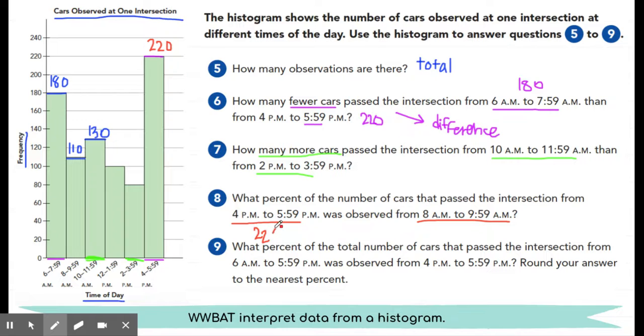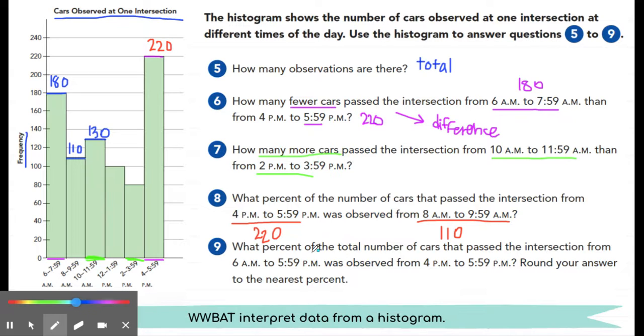So the question basically asks what percent is 110 compared to 220? As you can notice already, 110 is half of 220. So how many percent is that?